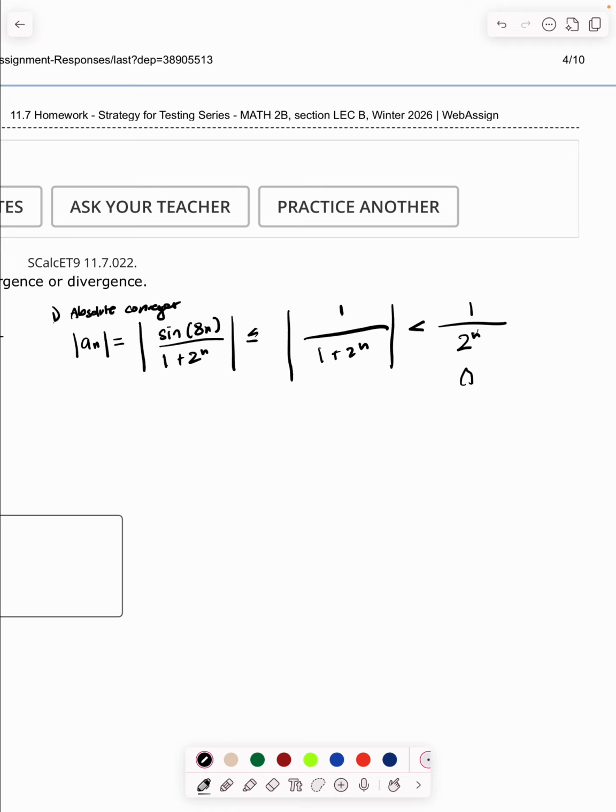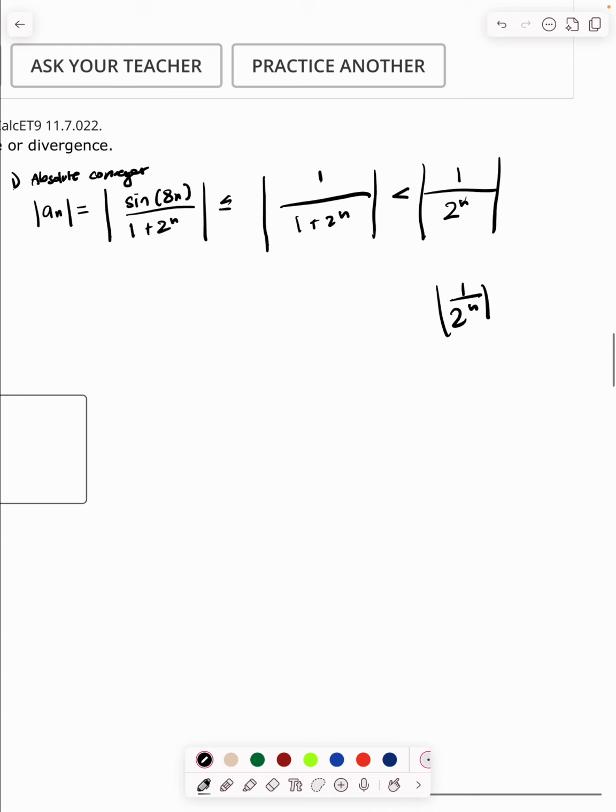Because if I say that this is larger and this converges, and this is smaller, then that one surely will converge as well. But look what we have. We have that 1 over 2 to the n has absolute convergence. And because of this, we know that 1 over 1 plus 2 to the n has absolute convergence. And then furthermore, since this is larger, this will have absolute convergence.